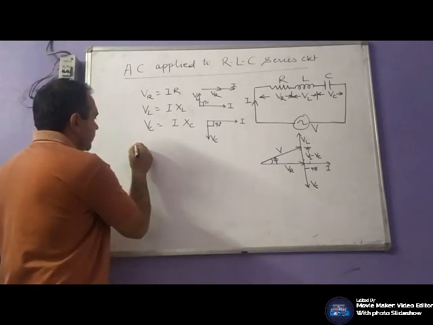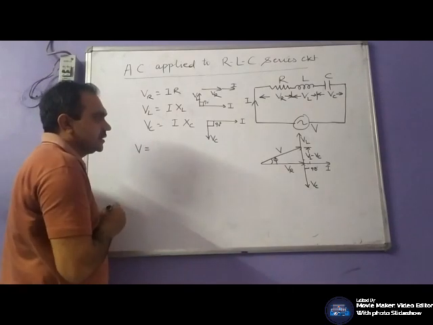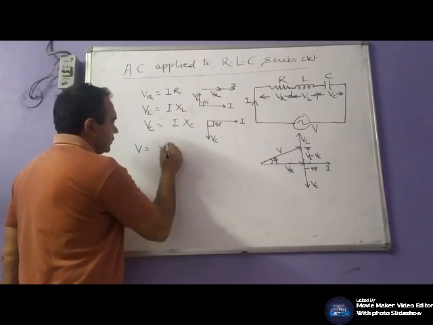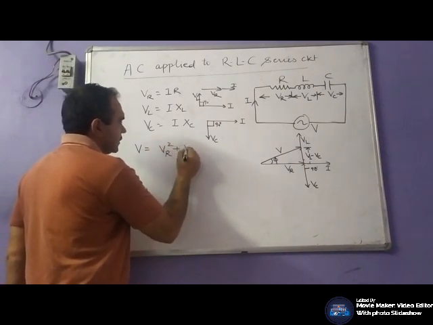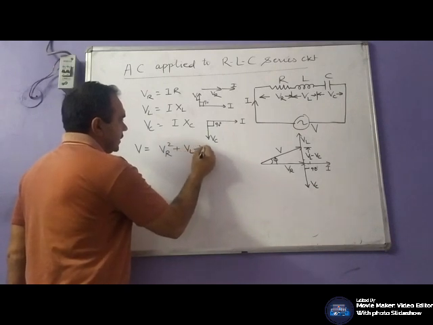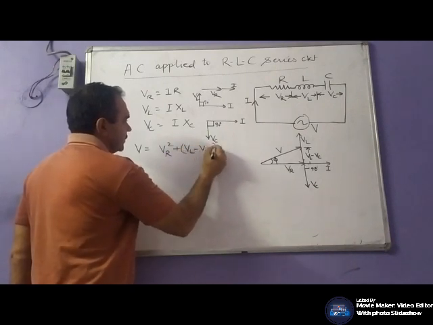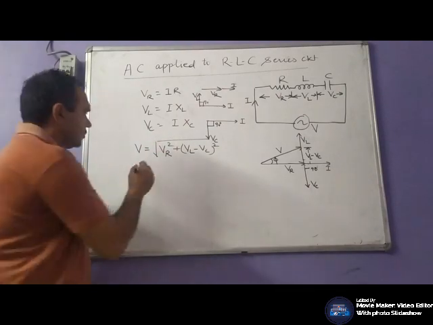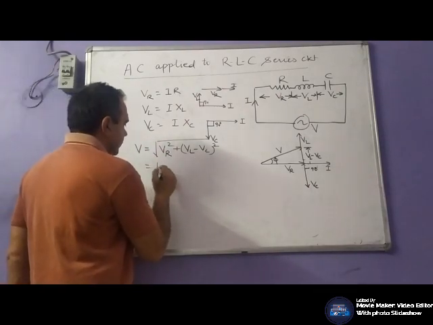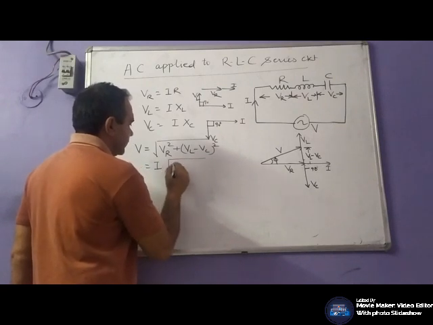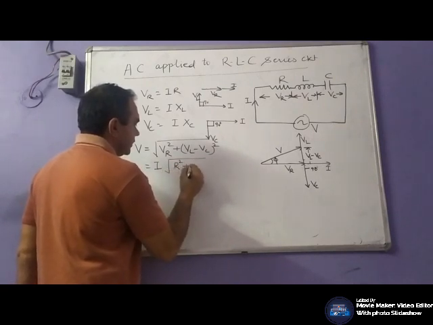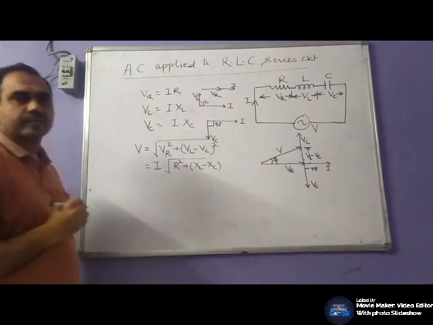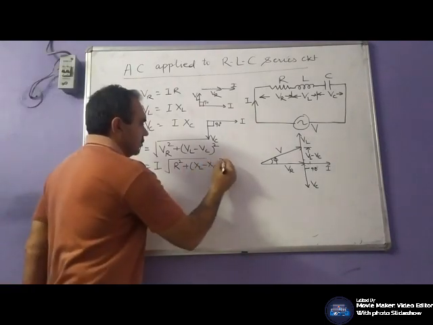Now here, what is V? V would become under the root VR square plus VL minus VC whole square, or I into R square plus XL minus XC whole square.